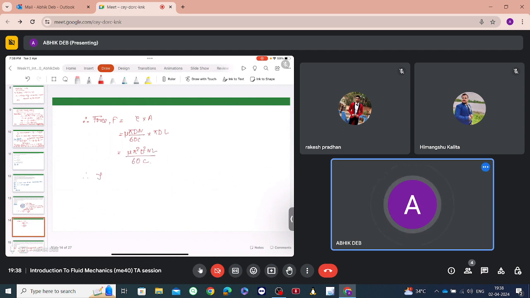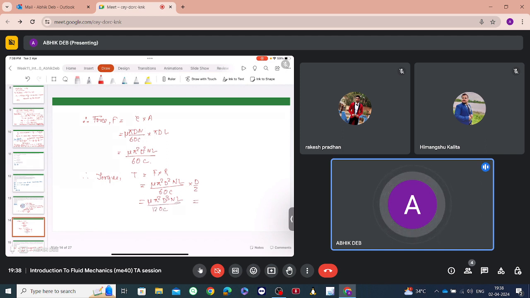Therefore the torque T is equal to force into R, that is mu pi square d square nl by 60C into d by 2. So mu pi square d cube nl by 120C.